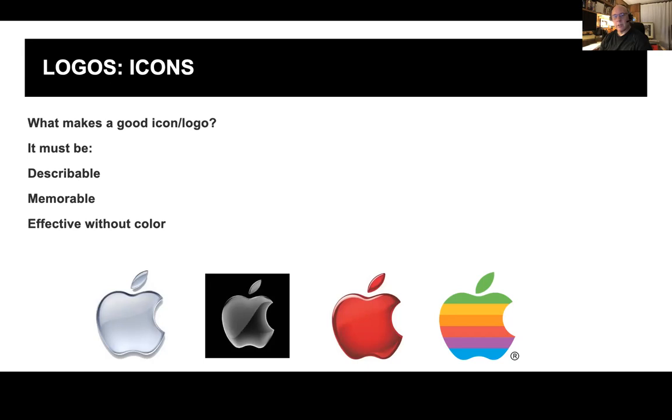Chevron, yeah, that was a good one. Camel cigarettes. I can't think of what their icon is. The camel? Joe Camel? I don't know. It's a camel, I believe. I haven't seen cigarette advertising in so long.